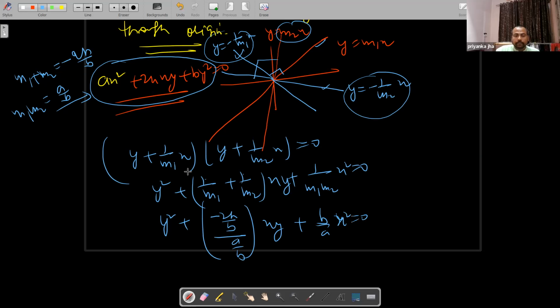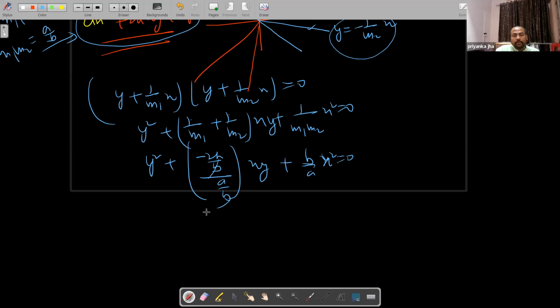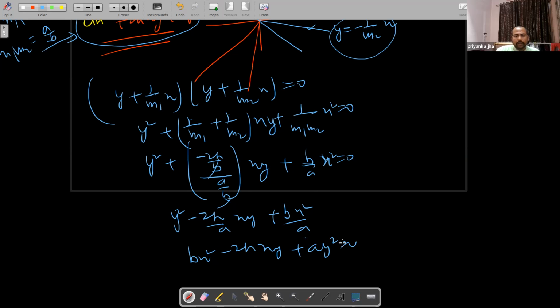Now see, solve it. b gone. So this is like y squared minus 2h by a into xy plus bx squared by a. Just multiply by a. So it will become bx squared minus 2hxy plus ay squared.